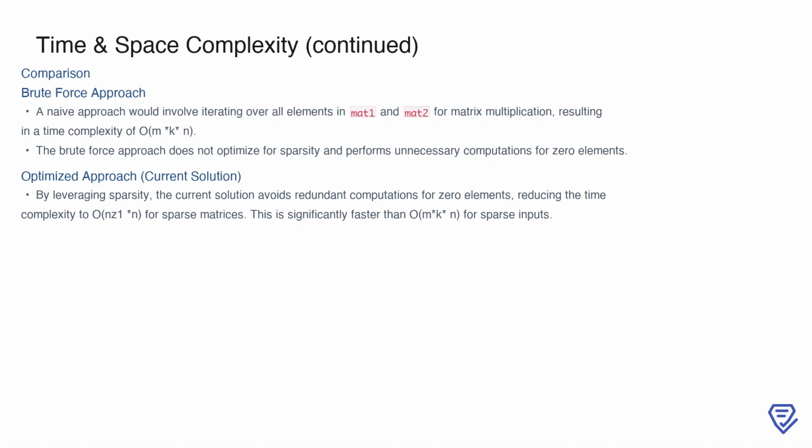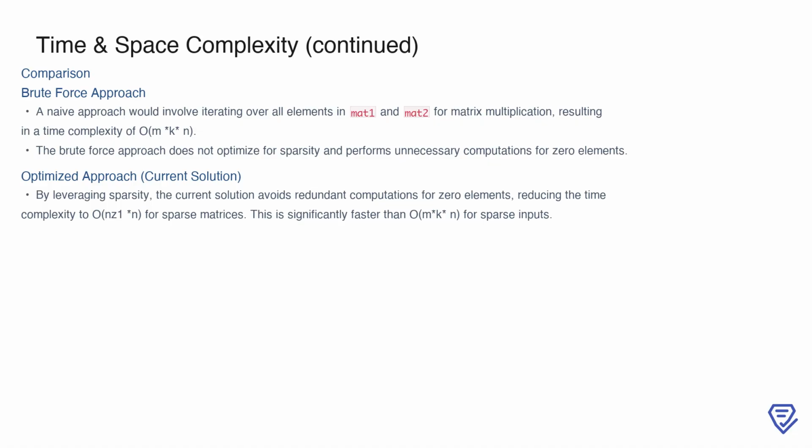In contrast, the optimized solution intelligently leverages the sparsity of the matrices. By focusing only on the non-zero elements, it avoids unnecessary computations, reducing the time complexity to O(nz1 * n) for sparse matrices. This improvement is particularly impactful when working with highly sparse inputs, as it significantly enhances computational efficiency compared to the brute force method.